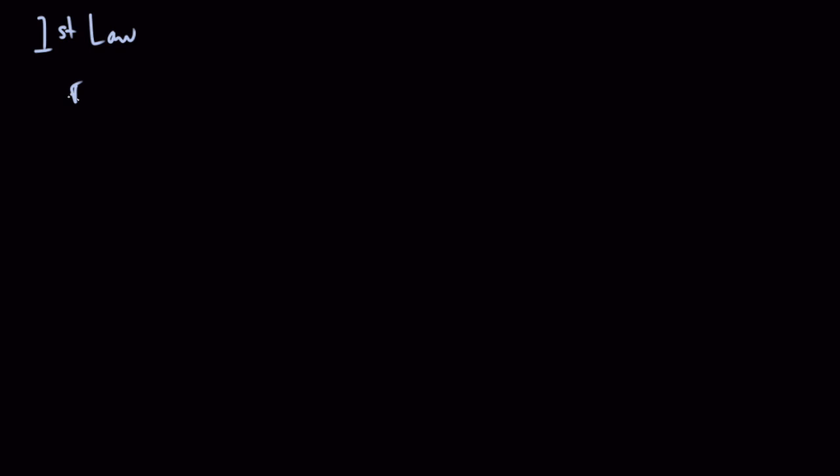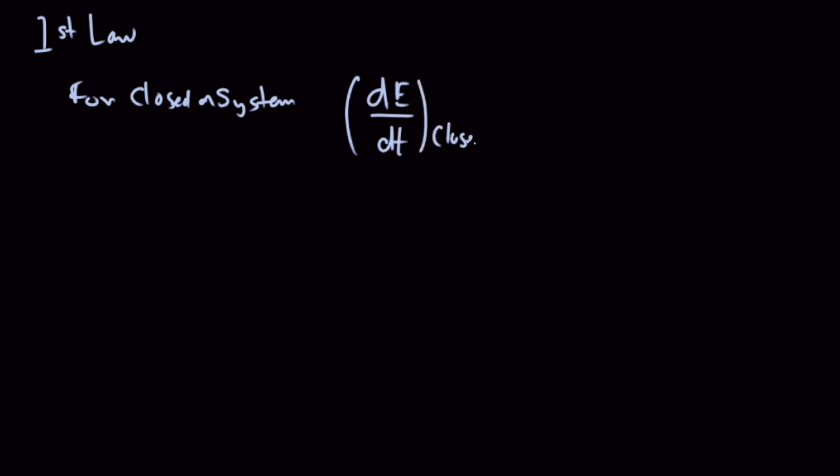And we know from chapter 4, the previous chapter, that for a closed system, the differential of energy, dE/dt of a closed system, is equal to Q dot minus W dot.